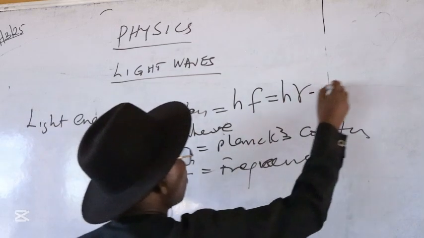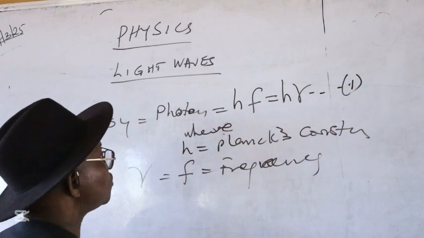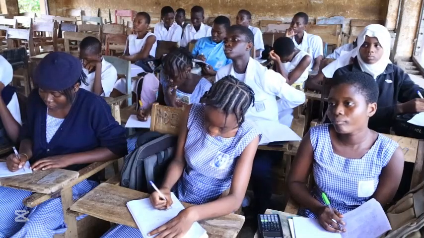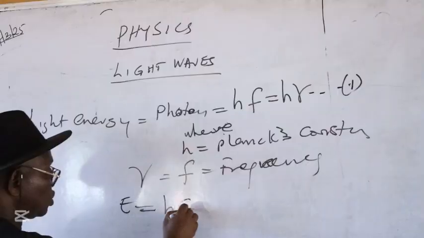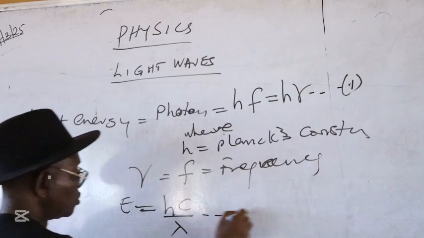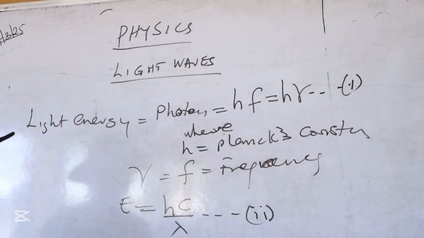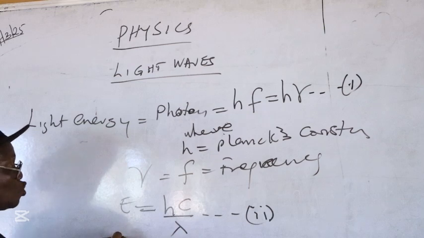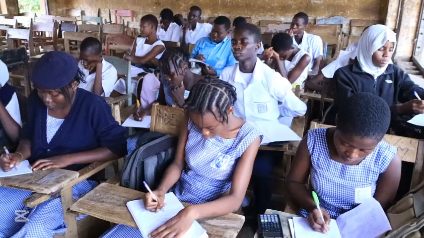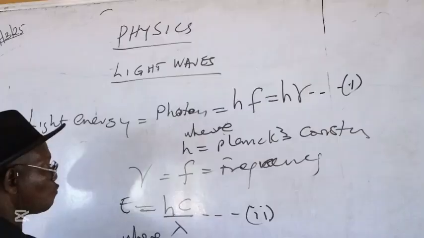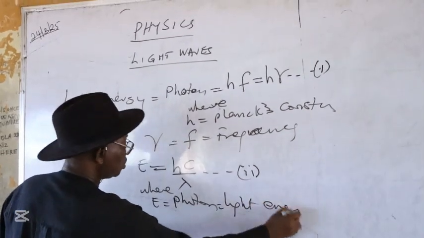So you can call this one equation 1, the energy that is carried by light waves. Or we can also express that energy, E, as hc all over this. This is the second expression, if this is the first one. Of course, this is also known as photon, where E equals photon or light energy.